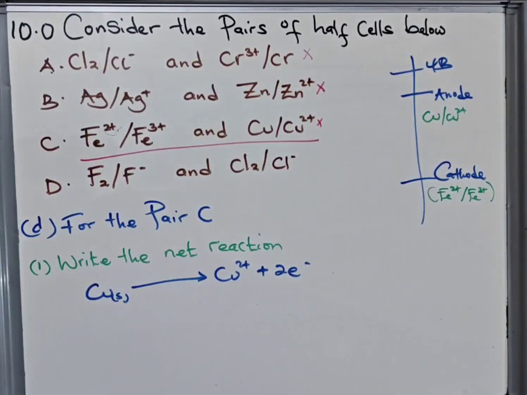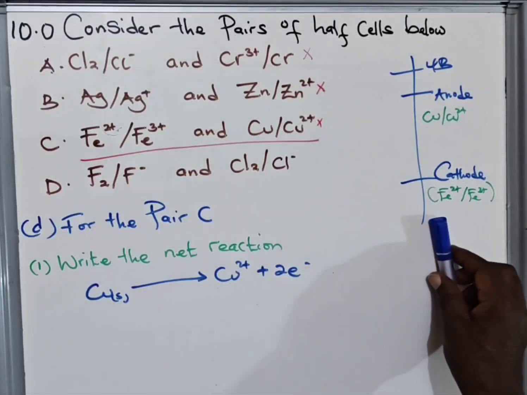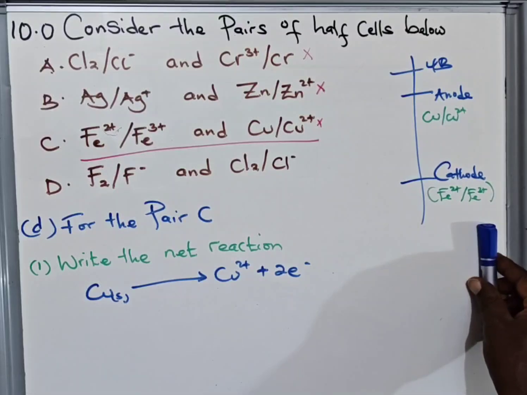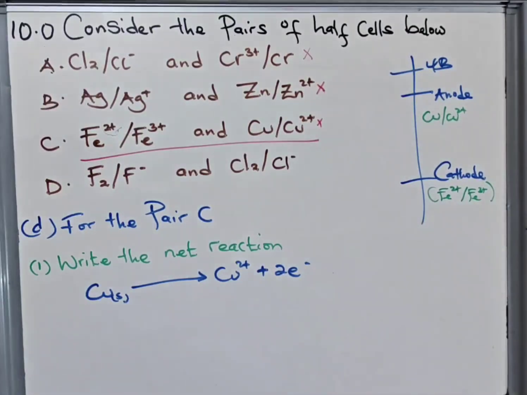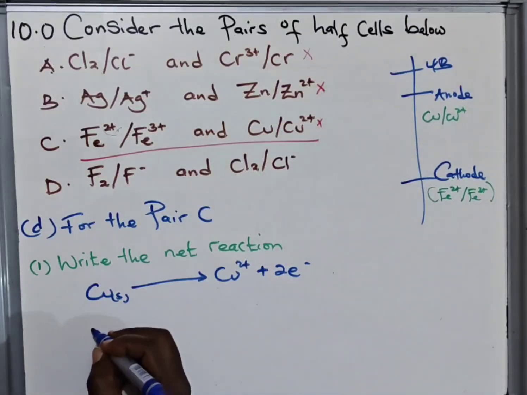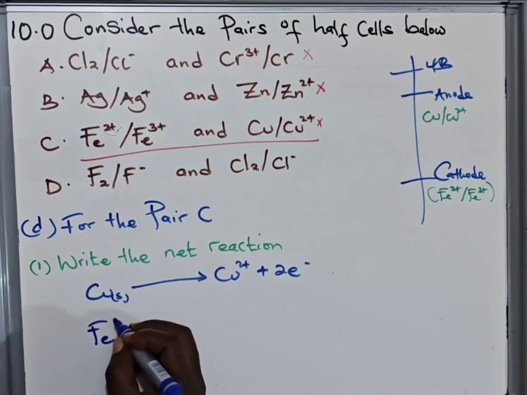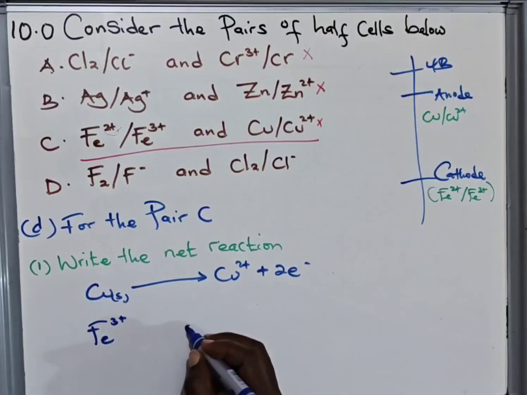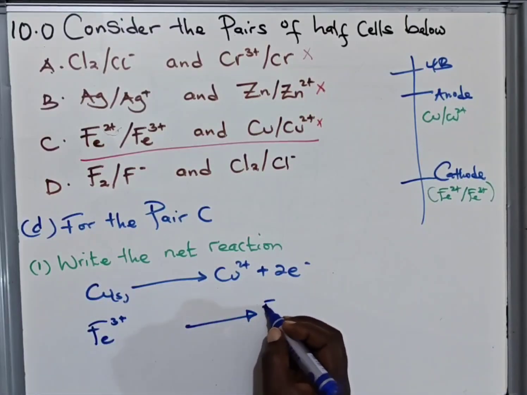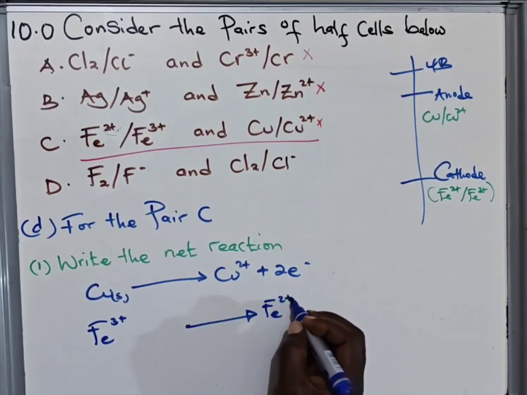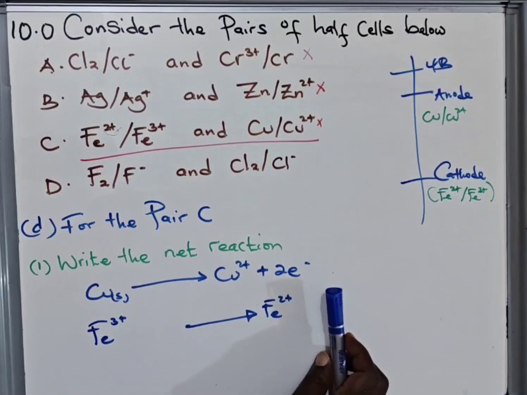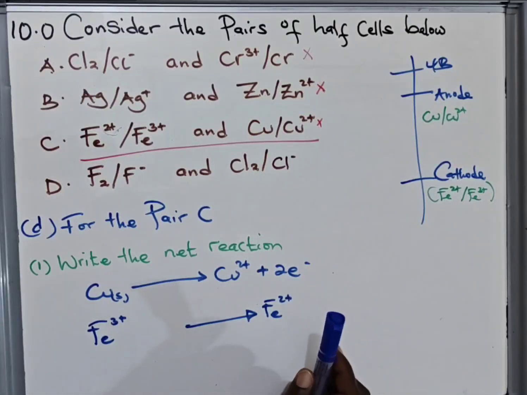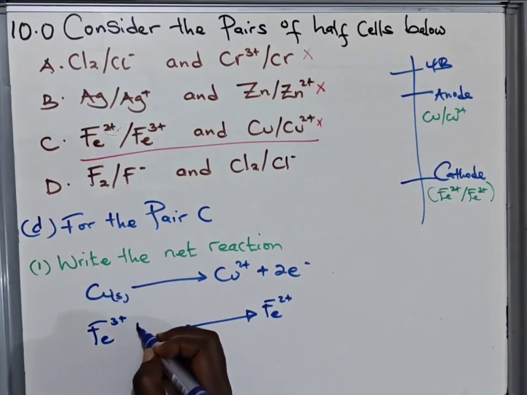I need to tell you that reduction is decrease in oxidation number. So decrease is from 3 to 2, which means I'm writing iron 3 plus here, and the iron 3 plus is changing into iron 2 plus. From here, we can identify the difference. It tells us the number of electrons involved. How many are they? 1. And where do we put it? We put it here.